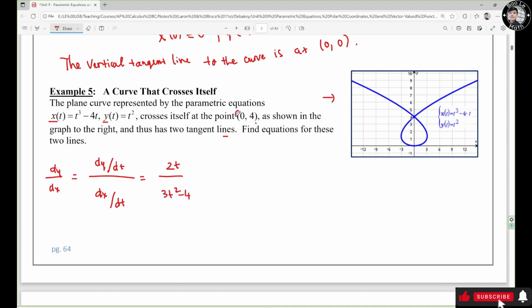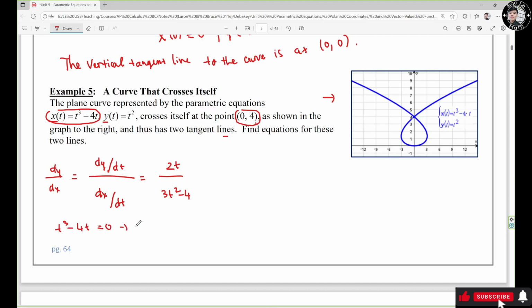Now, given the point (0, 4), which means x equals 0 and y equals 4, I substitute 0 for x into this equation to solve for t. So I have t cubed minus 4t equals 0.